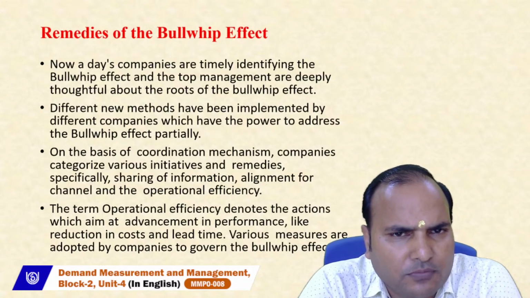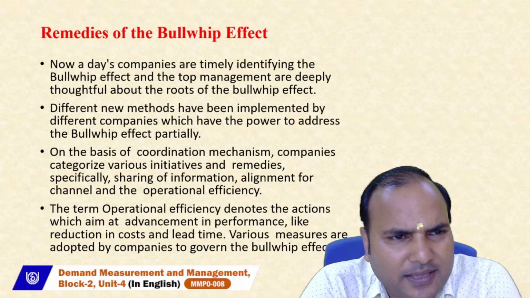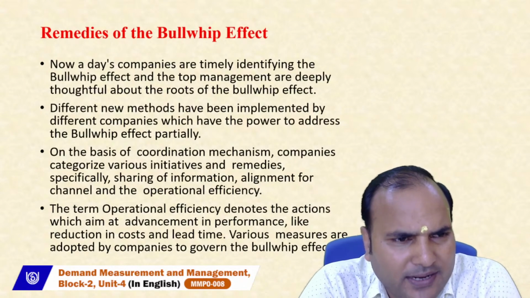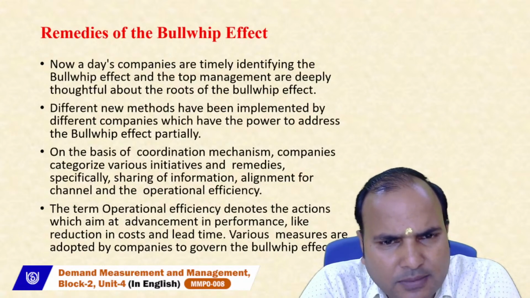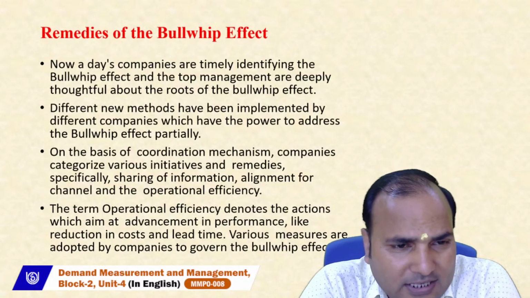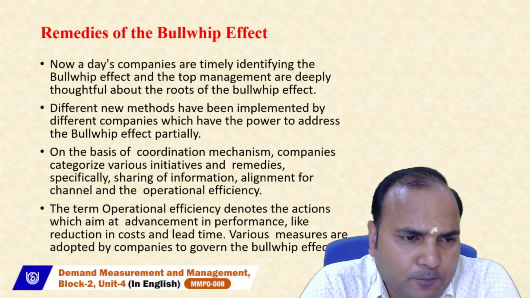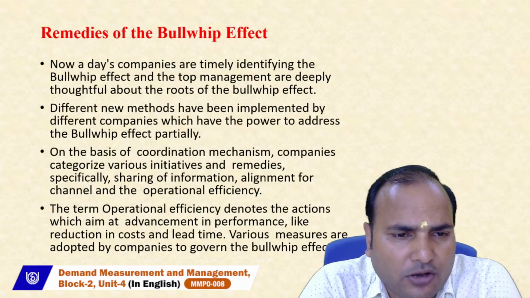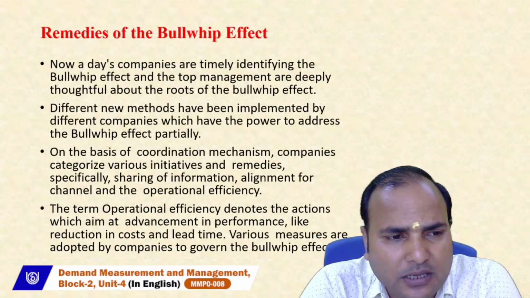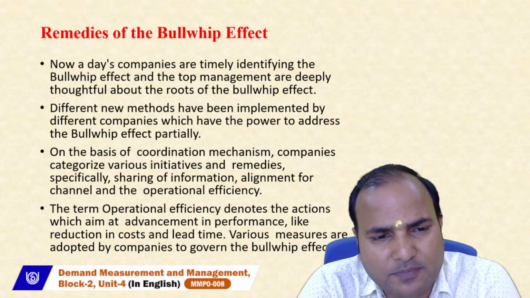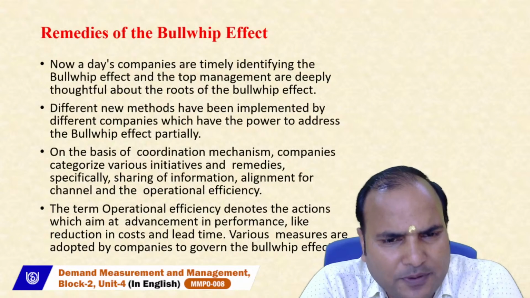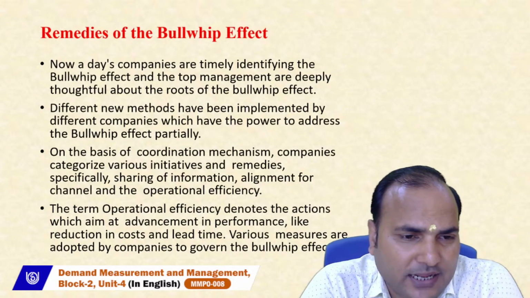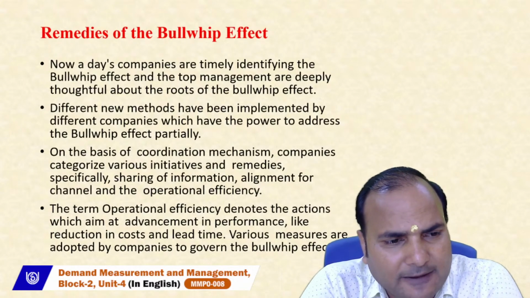The organizations are proactively identifying the bullwhip effect through top management, and different new methods have been implemented by different companies to address the bullwhip effect partially. On the basis of coordination mechanism, companies categorize the various initiatives and remedies, specifically the sharing of information, alignment for channel and operational efficiency.